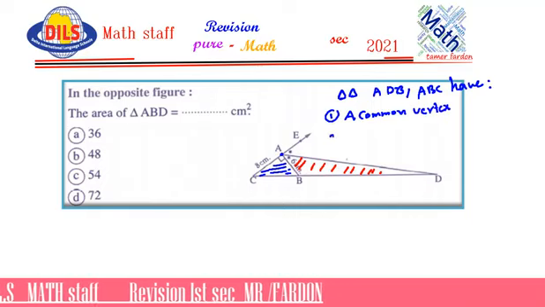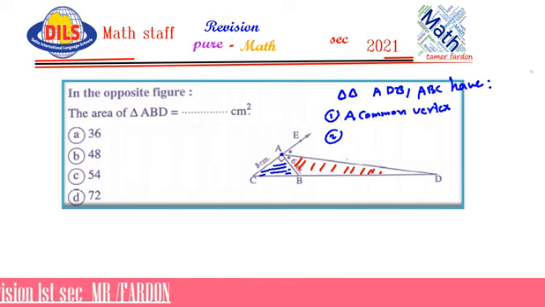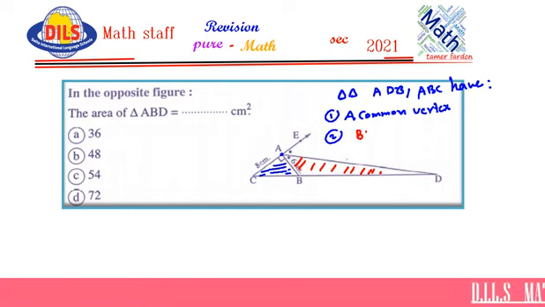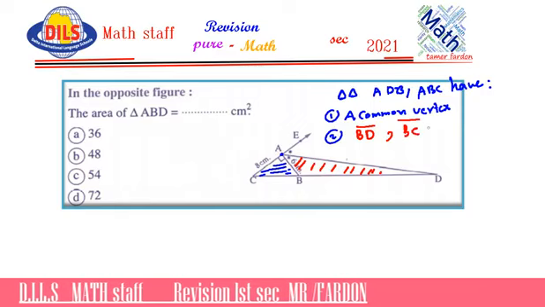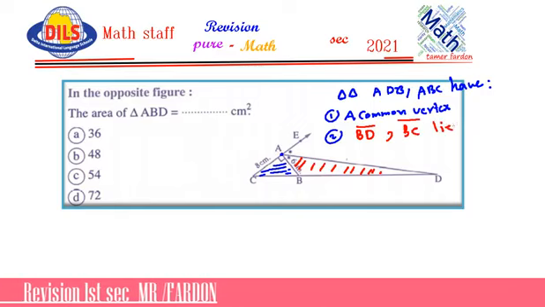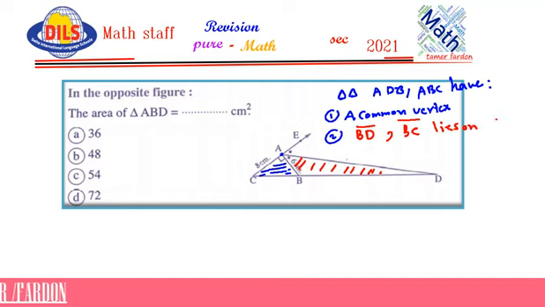Number one. Number two, the base of the first, which is BD, and the base of the second, which is BC, lie on the same line.